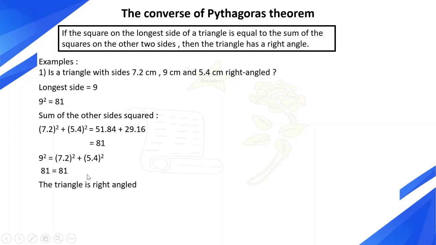That means that the triangle is right-angled. Why? Because the square of the longest side is equal to the sum of the squares on the other two sides.